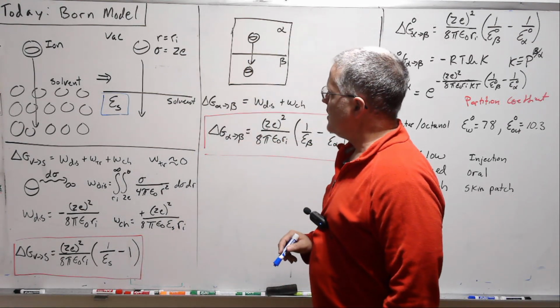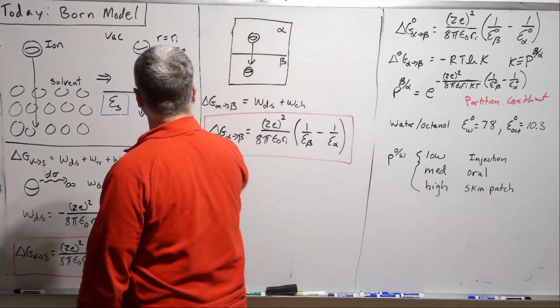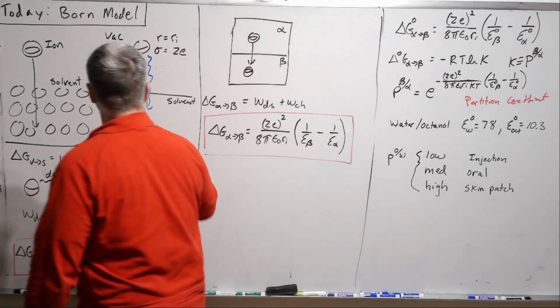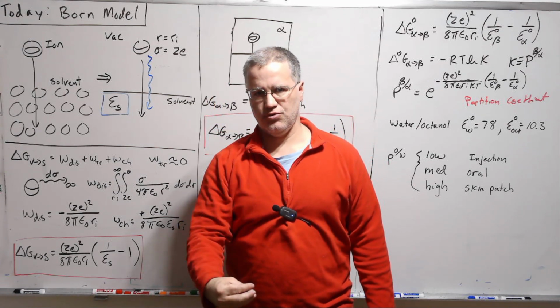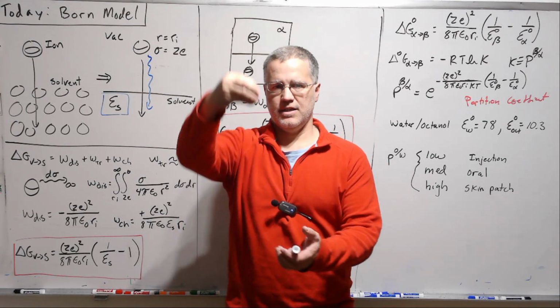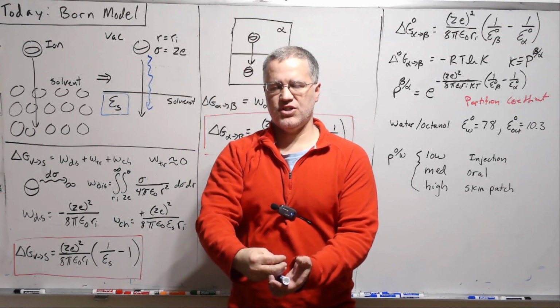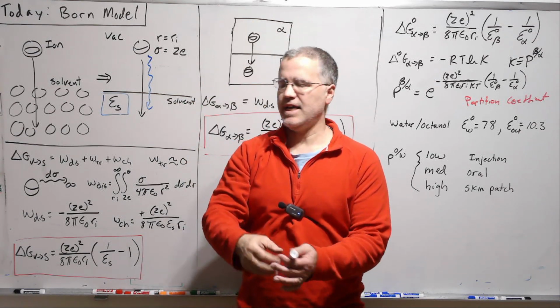Okay, so now what has to happen is we have to get that ion from the vacuum into solution. And in a regular solvation, that would just go in. That's the path Mother Nature would take.